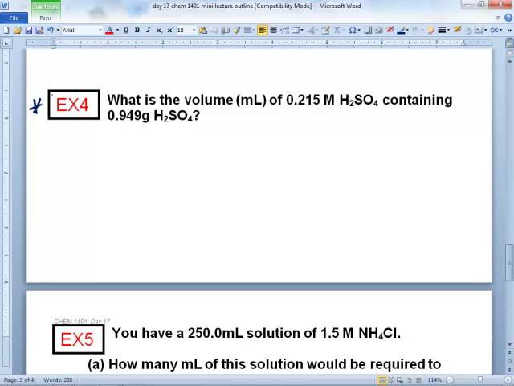What's the molar mass of H2SO4? What are you coming up with? 98? They have 98. Two hydrogens, a sulfur, and four oxygens, so somewhere around 98, I think, 97 point something.